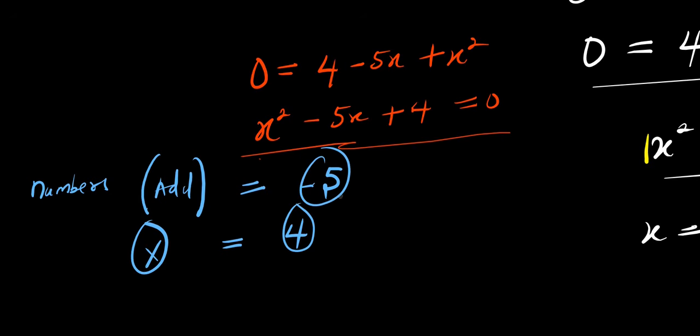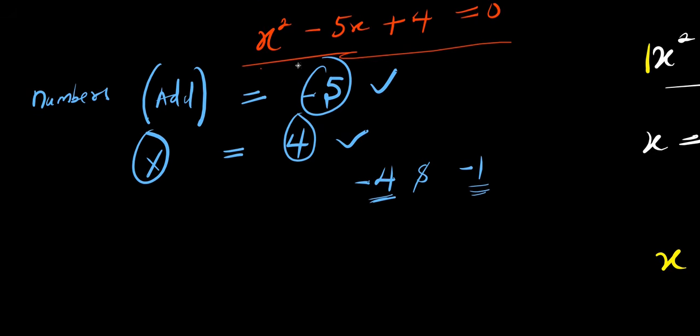What are the possible two numbers that we add to have -5 and multiply to have 4? The two numbers are likely -4 and -1, because -4 plus -1 will give us -5, and -4 times -1 gives us 4.